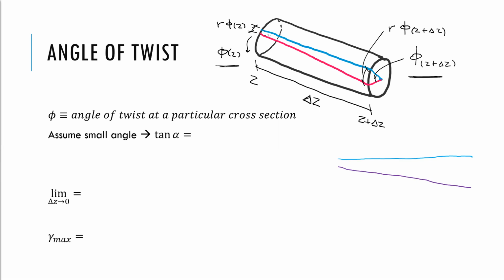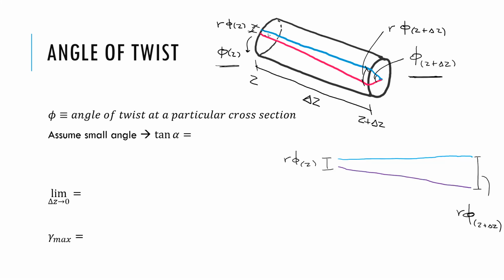And here on the left, we had R phi of Z. And on the right, we had R phi of Z plus delta Z. Now, if we're assuming small angle, which we always do in this class, what is tangent of alpha?